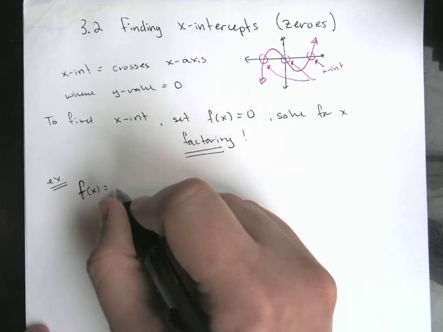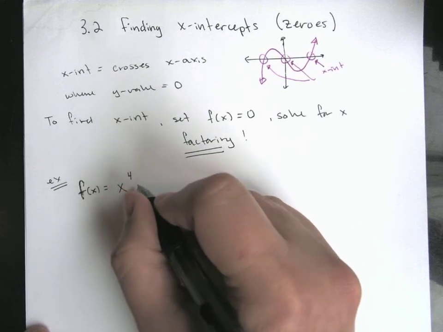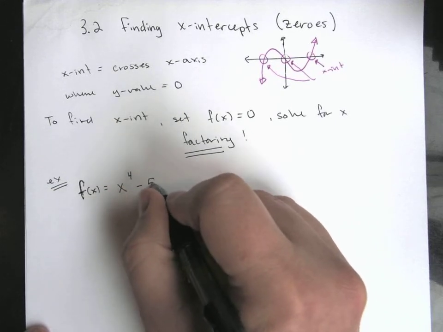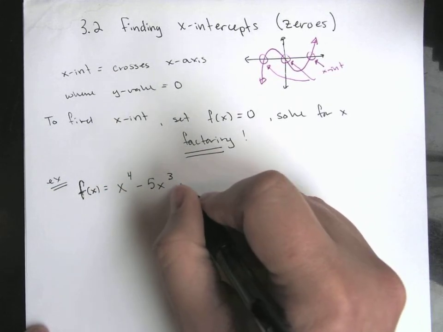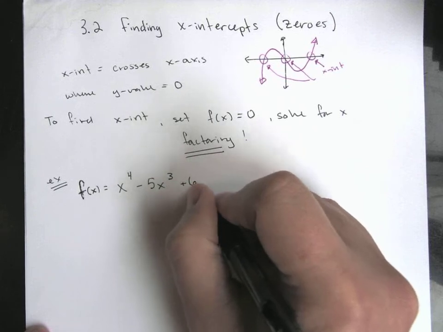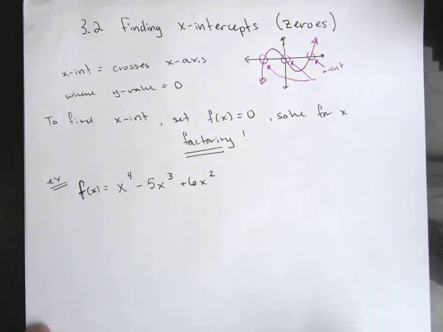So I'm going to start us with a polynomial that's 4th degree. So x to the 4 minus 5x cubed plus 6x squared.